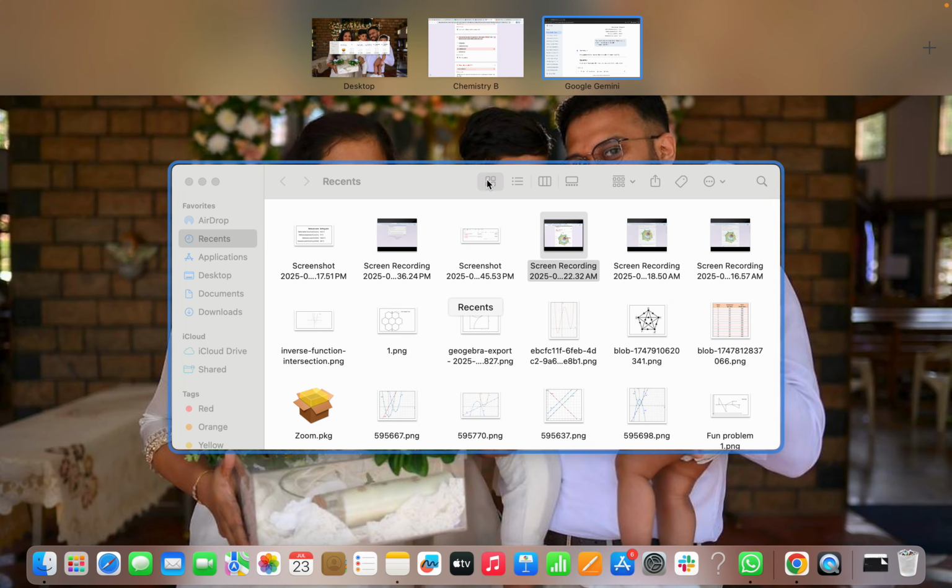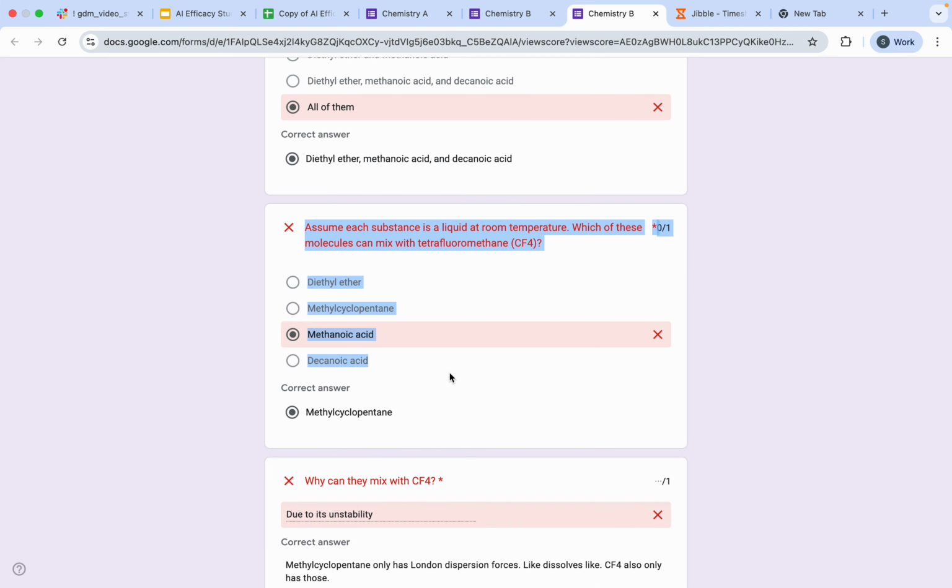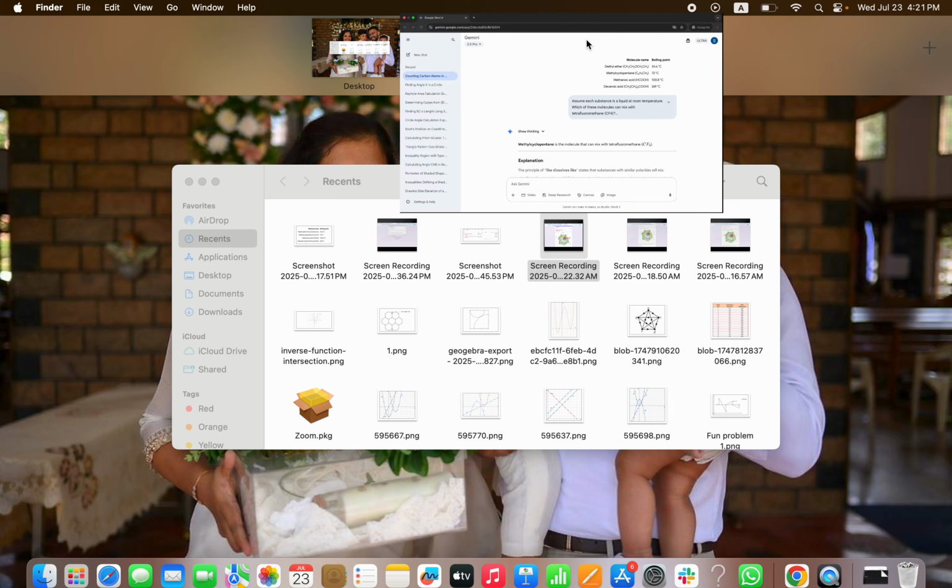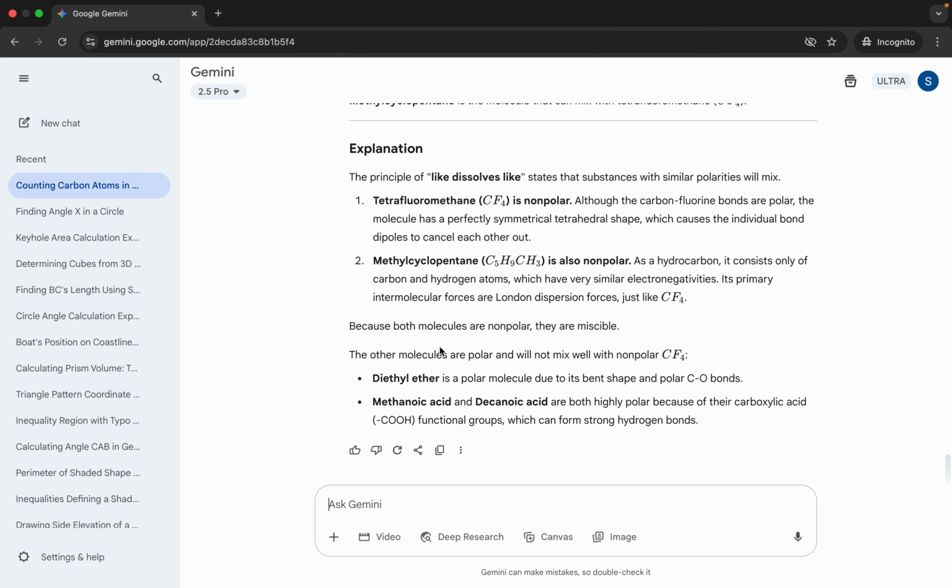Methyl cyclopentane is the right answer. Gemini again gives the right answer. The explanation is that tetrafluoromethane is non-polar, although the carbon-fluorine bonds are polar.